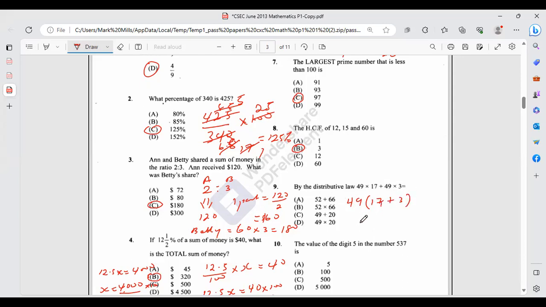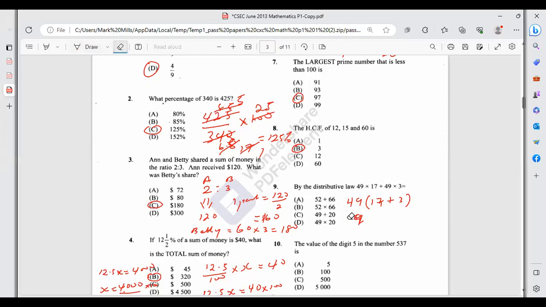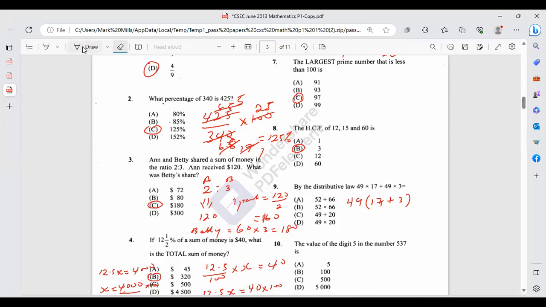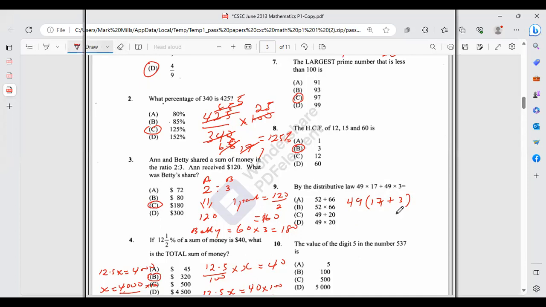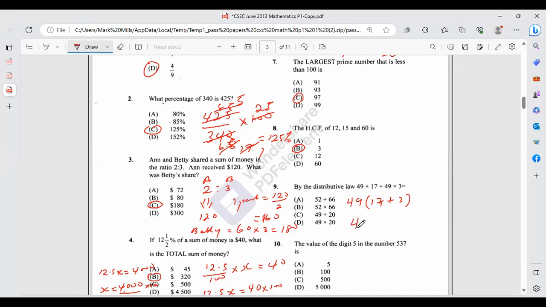So it's 49 times 20. So that's what that was, D.